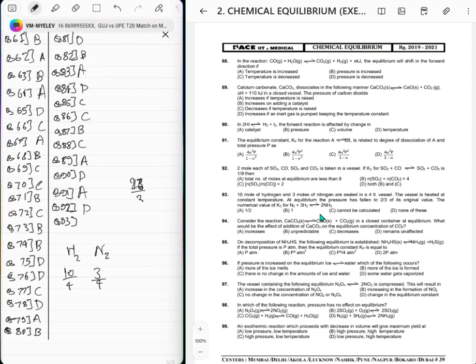Okay. Say x is the extent of the reaction: this is minus x, this is minus 3x, and NH3 will be 2x over there, so 2x upon 4. This added up is the total number of moles now, right? 26 upon 3 is the total number of moles after this conversion.